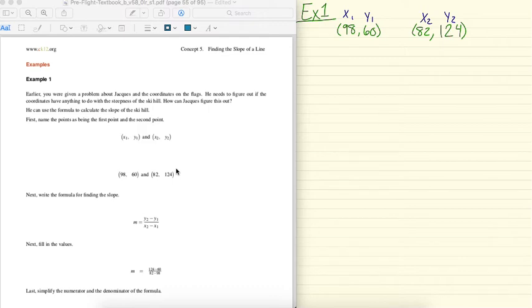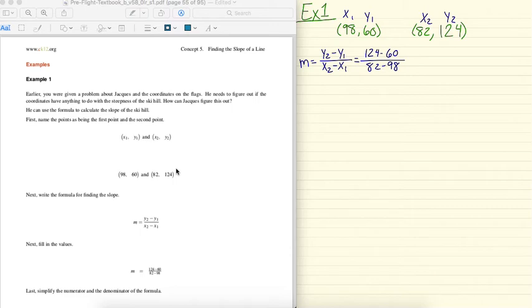Applying this to our slope formula, which is the difference between your y values divided by the difference of your x values, I am going to take 124 minus 60 divided by 82 minus 98. It's important that the first number you write using this formula for your numerator and denominator both come from the same ordered pair.